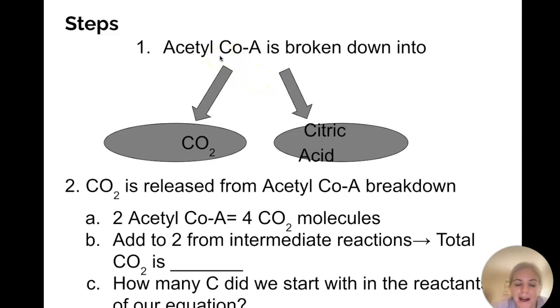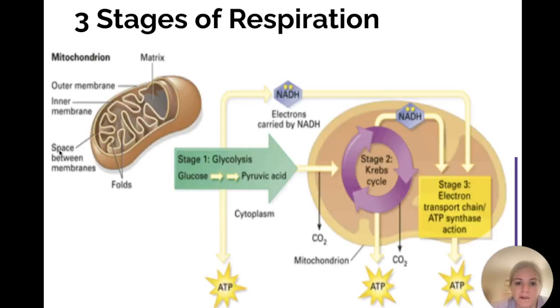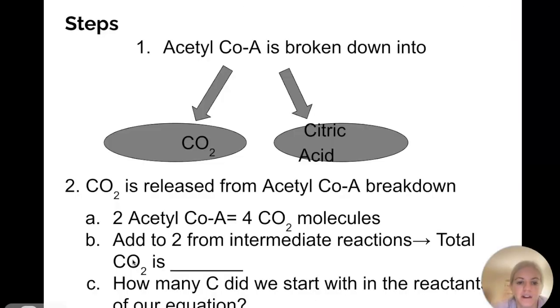Acetyl-CoA, when we go back, had 2 carbon atoms inside the molecule. You can see that here. So when we break it apart and release the carbon dioxide, each acetyl-CoA is going to release 2 carbon dioxides. When you have 2 acetyl-CoA molecules, then that's going to release 4 total carbon dioxide molecules.